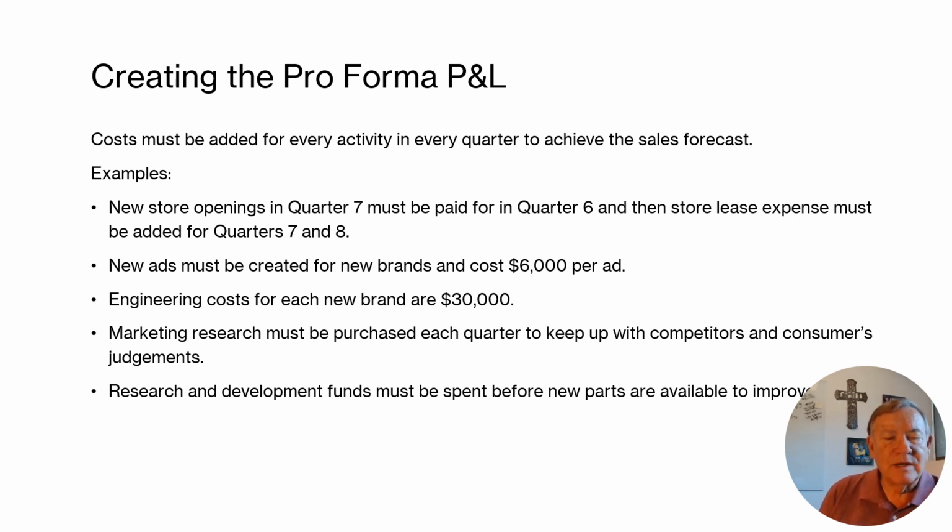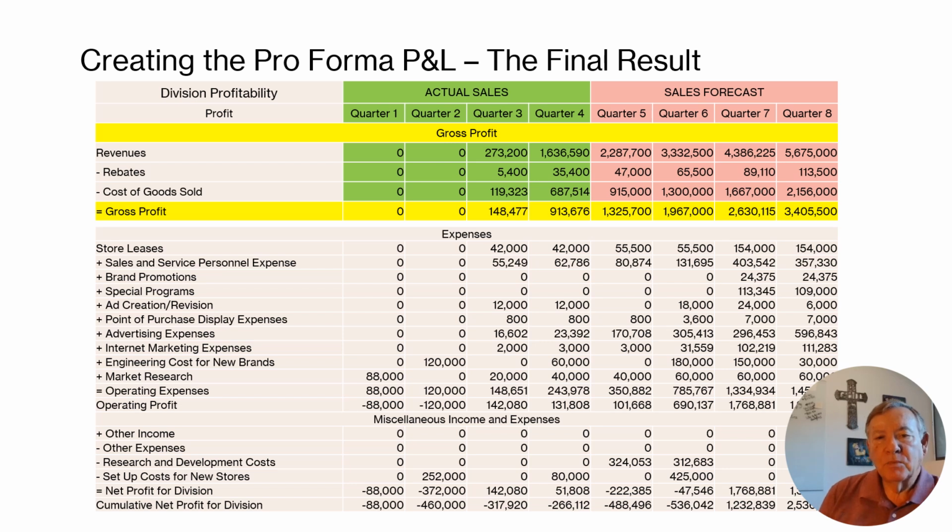We have to pay for marketing research to keep up with competitors and consumers' judgments of our particular products. And we're going to allocate money for research and development that must be spent to bring new parts to the marketplace to build new brands. And there are other costs that then will be represented on a complete pro forma P&L. You can see the various expense categories here for quarters 5, 6, 7, and 8.